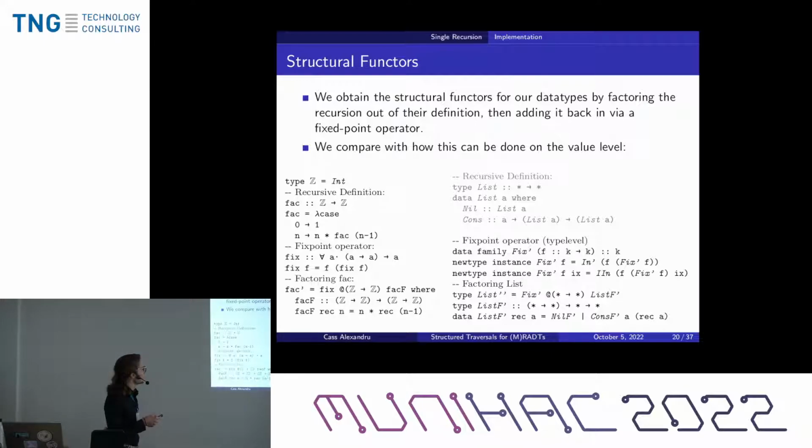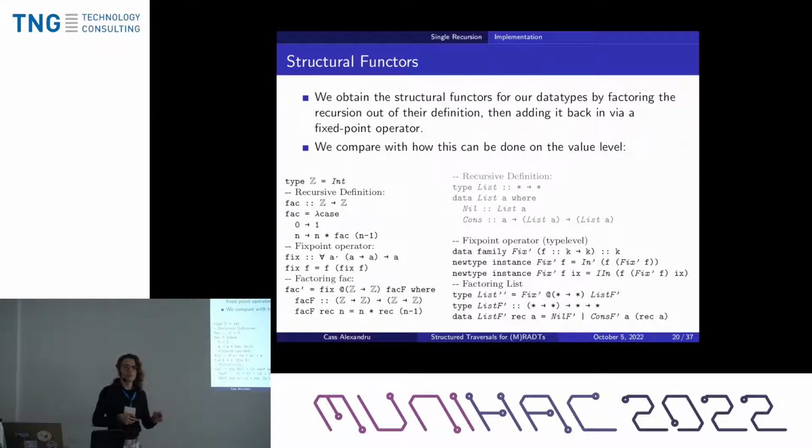Because if I just had a fix with the kind star to star to star, then I can't replace the star in here with another star to star, which is the type of this thing that I'm calling in the recursive position, right? Because this still needs to get an argument. So I actually need to make it like so.